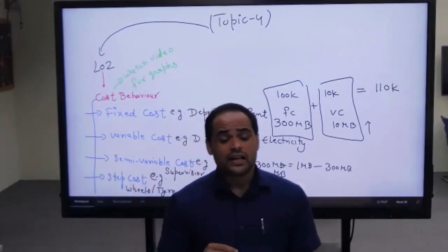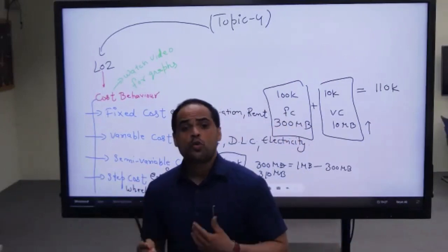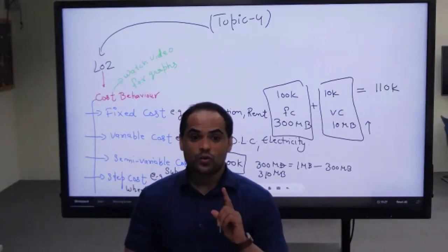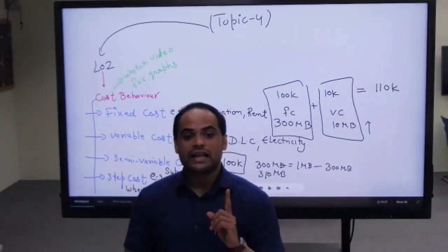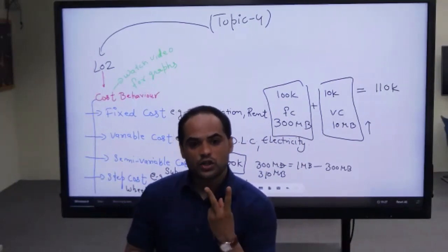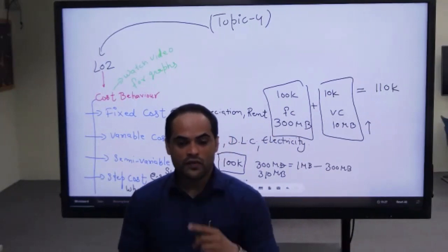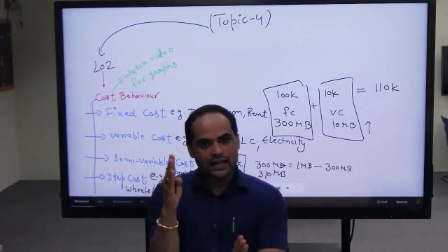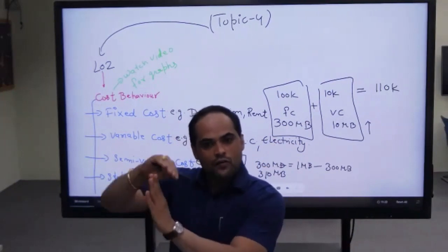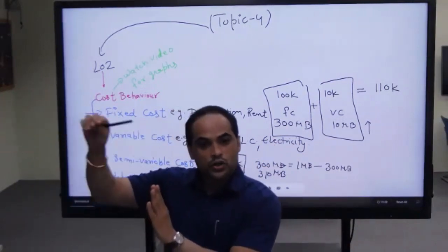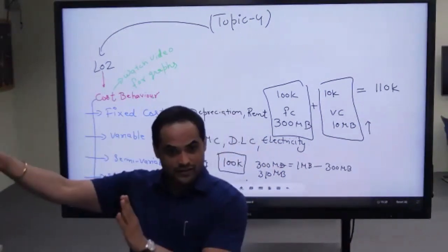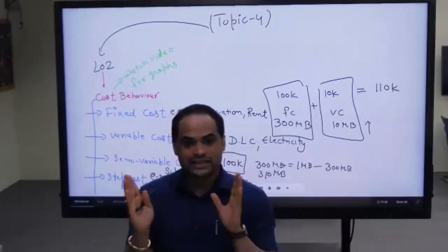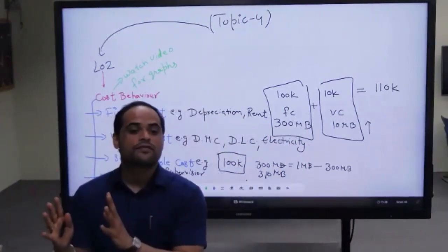Now let's say we have 25 workers. With 25 workers, one supervisor is not enough, so we need two supervisors. One supervisor for 1 to 15 workers, and a second supervisor for above 15 up to 30, because one supervisor can supervise a maximum of 15. The second supervisor takes another 15.